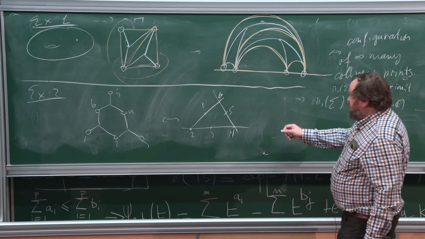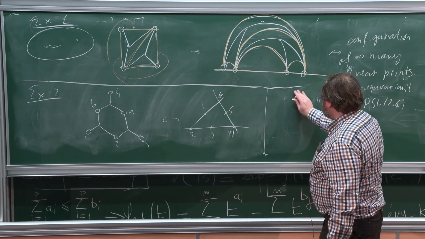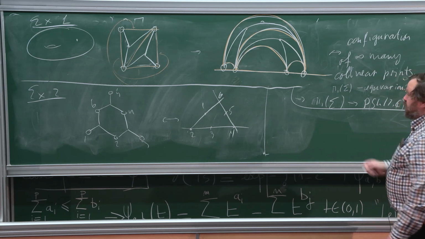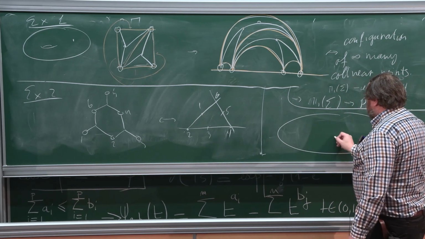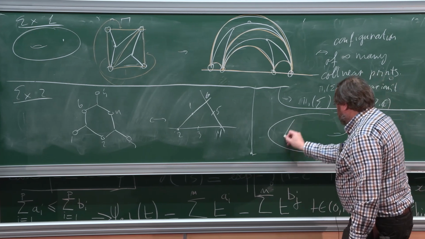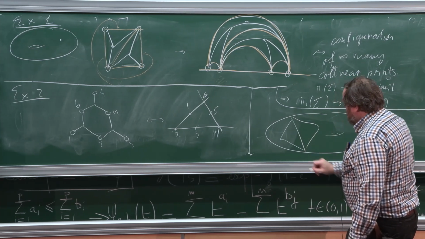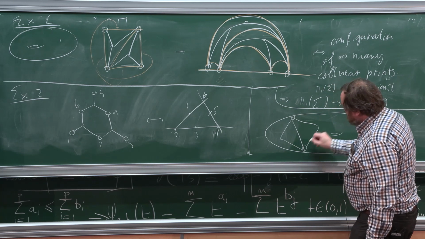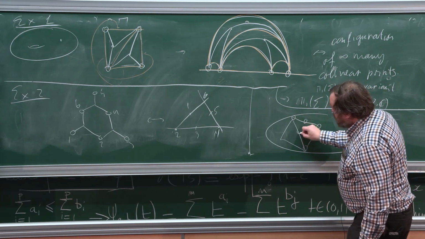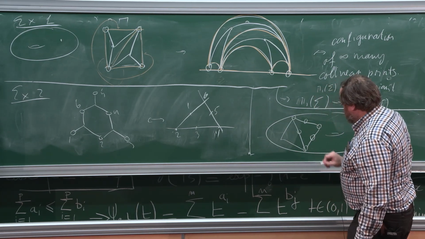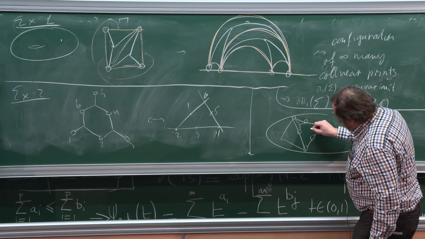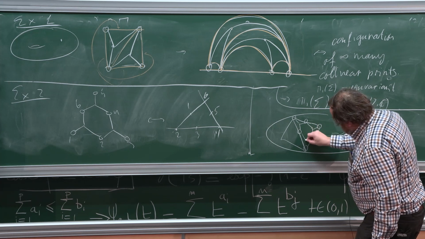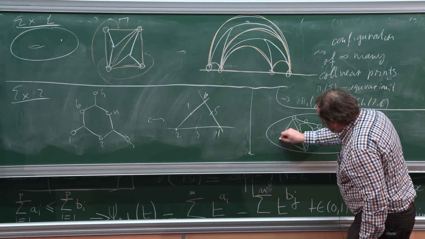Now, you can generalize it equally well to any surface. So you have a surface which is triangulated. So on any triangle of this triangulation, you put this picture which I just have drawn, and this will give, and so on.